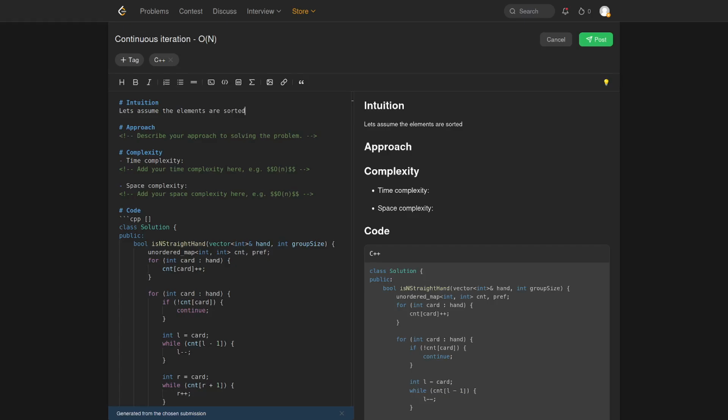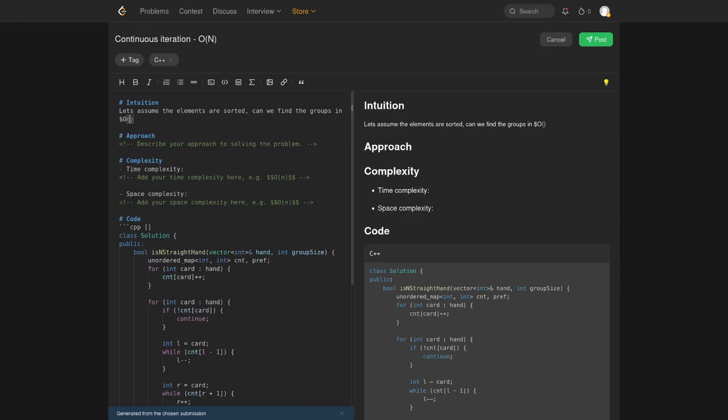Can we find the groups in O(N)? If yes, or let's use how to find the groups in O(N).